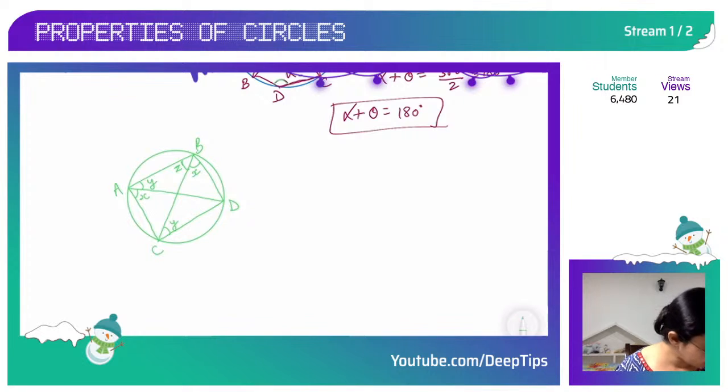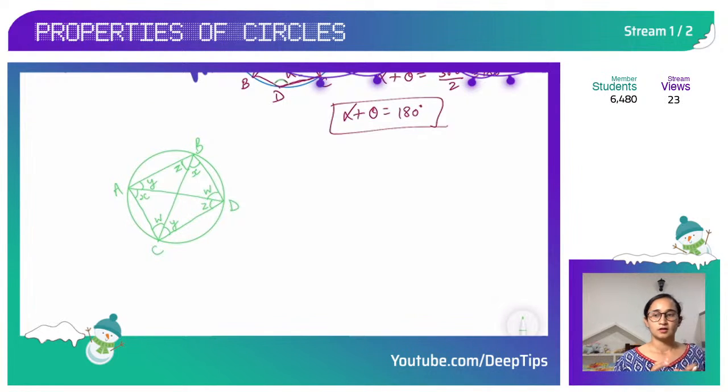Angle ADC is also Z, because they are in the same segment. One angle is left, BDA, so let's take it as W. BDA is W, so ACB is also W. These angles I have marked based on the property that angles in the same segment are equal.